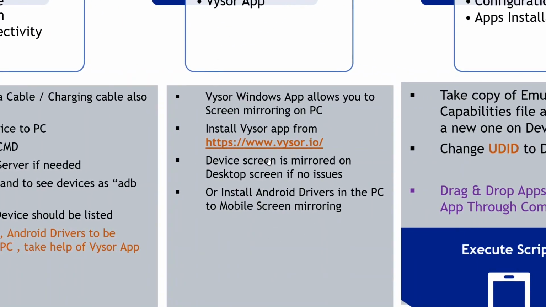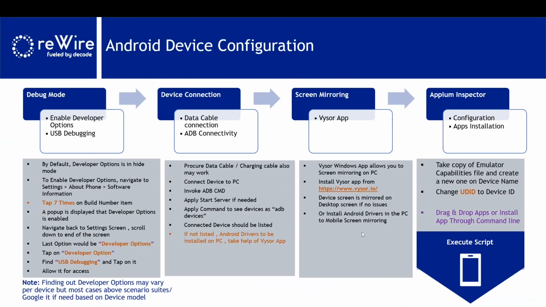Okay, you can use this particular URL and navigate to find out the specific device information. In order to have this, you need to click on this one. It will navigate to Vysor.